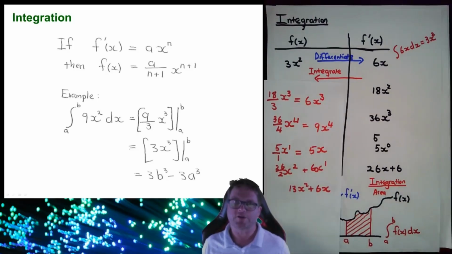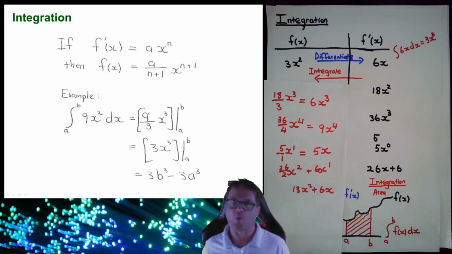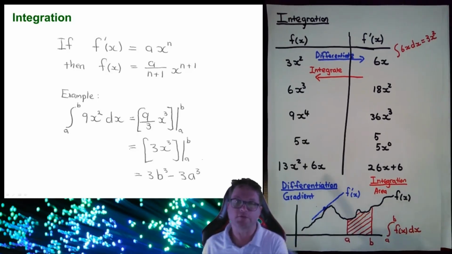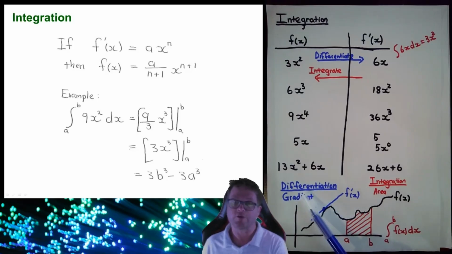So we've been looking at integration and we've seen that there's a little rule or recipe that we follow to perform integration, but it's super important for us to remind ourselves of why we want to do integration and what we're hoping to achieve. And this is summarized in this picture here. So remember, when we deal with differentiation, differentiation refers to a gradient. So what I have here is some function f of x given by this varying black line. If I differentiate f of x, then I get f prime of x, which is a gradient at some point.